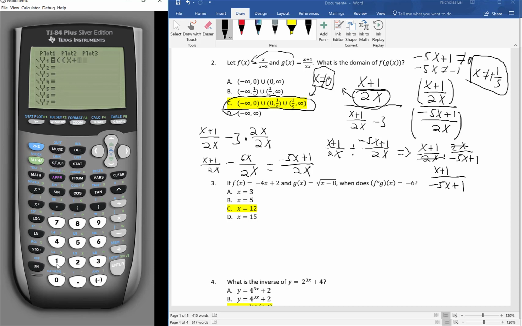x plus 1 divided by 2x, that's a self-contained unit, divided by, so this is the entire term, x plus 1 over 2x, x plus 1 divided by 2x.